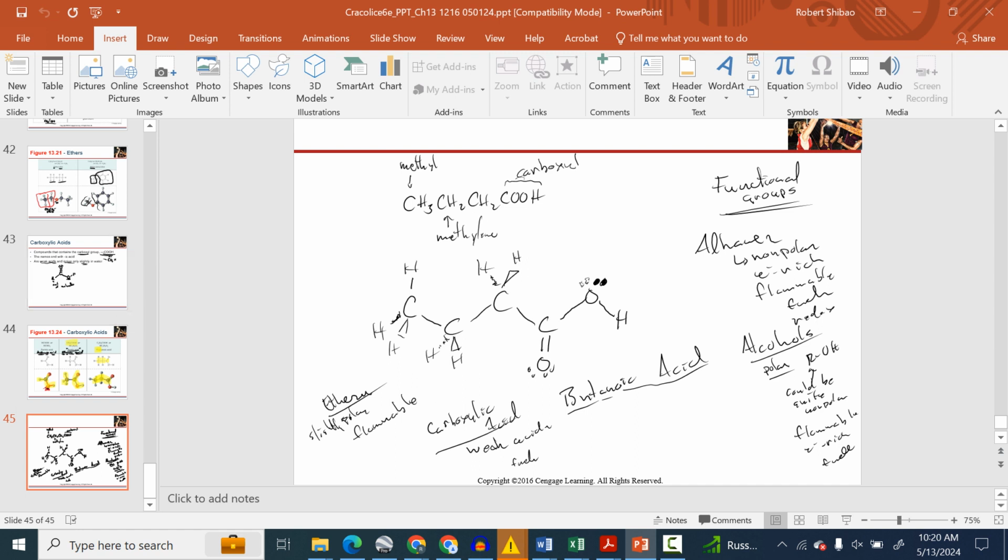I used to have people memorize it in Chem 4. Meth is 1 carbon. We just go in order: eth is 2, prop is 3, but is 4, pent is 5, hex is 6, hept is 7, oct is 8, non is 9, dec is 10.